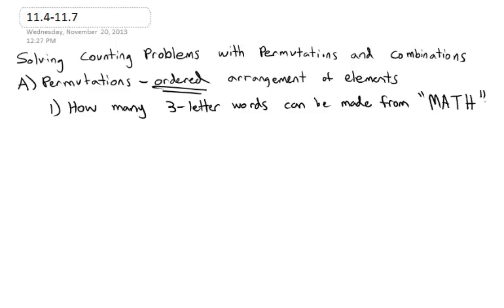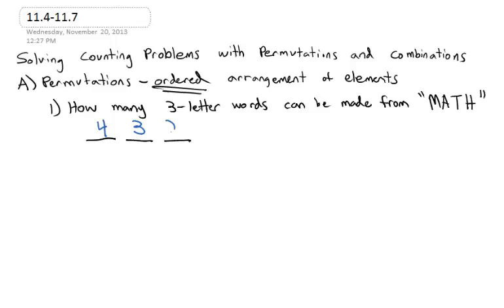Well, the first character, second character, and third character need to be filled with one of these four letters. The first character can be any of the four letters. But once that letter is set in the first location, there's only three letters left to go in the second location.